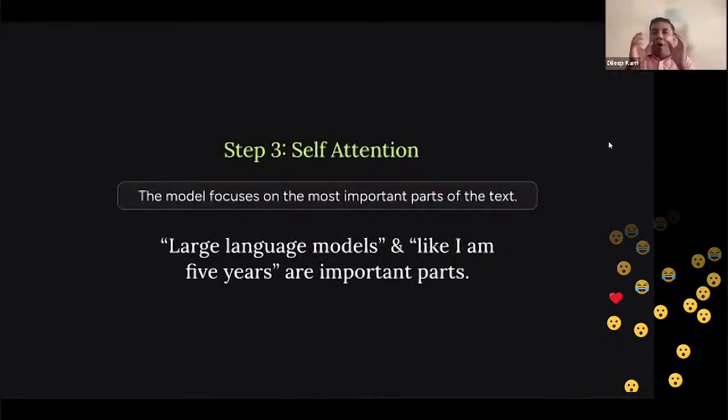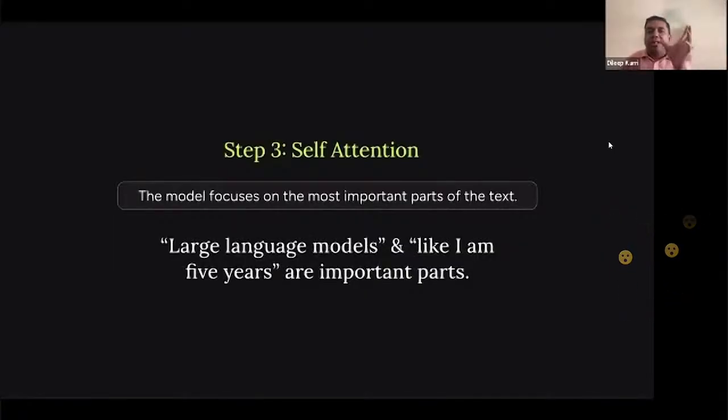The model focuses on the most important parts of the text. That means it is now trying to understand, from this entire sentence, which are the important words that will change my answer. Think of it like going to a movie theater where your seat is F12, and it is dark.